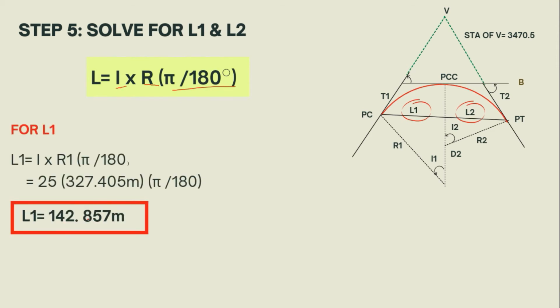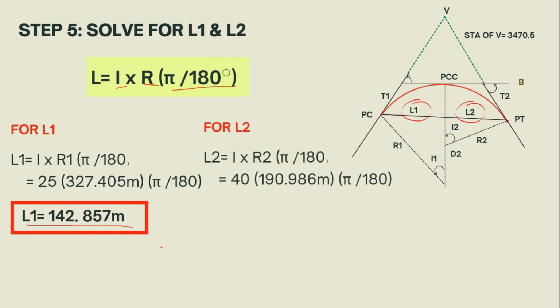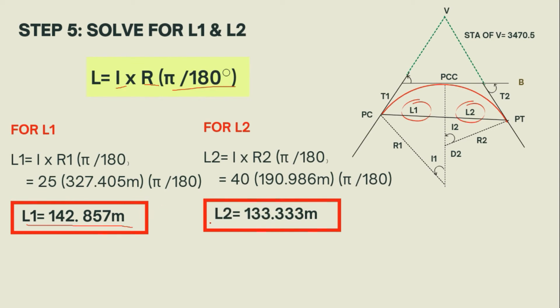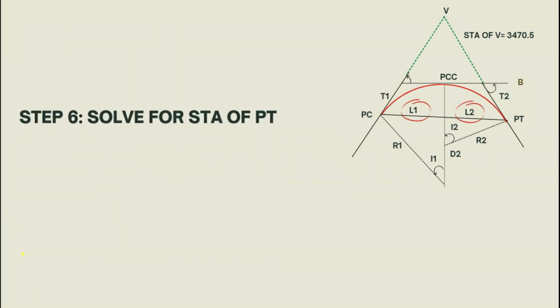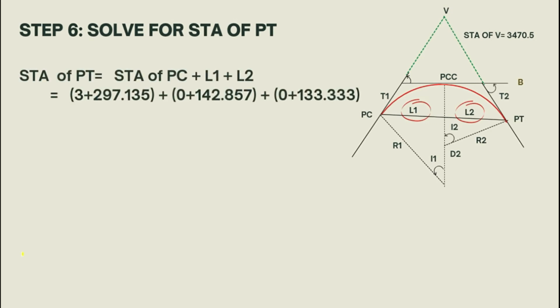We get L1 of 142.857 meters, and for L2 we get 133.33 meters. Now that we have the values of L1, L2, and the station of PC, we can finally solve for the station of PT. So just add everything.